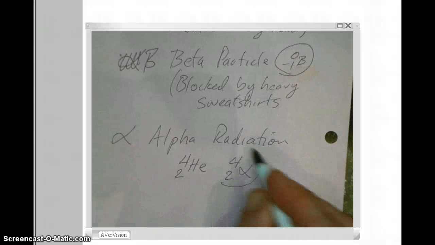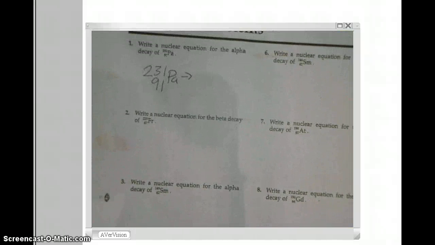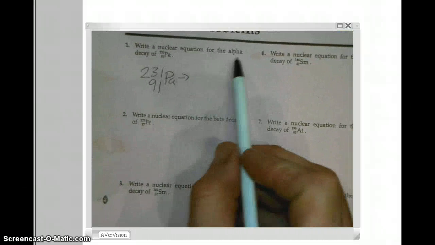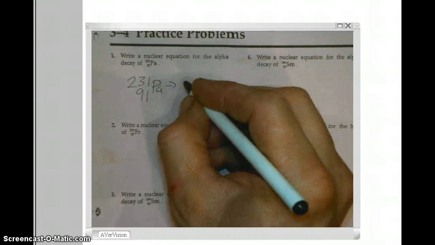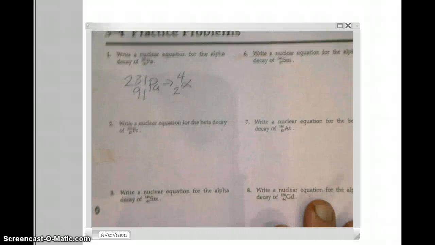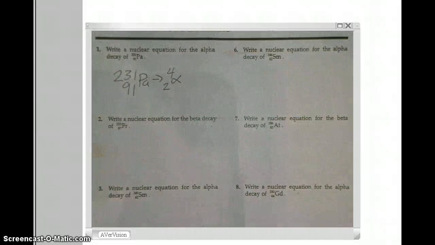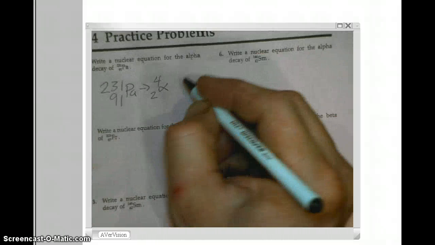So if you flip to the front, it says write a nuclear equation for the alpha decay of this. So when you go through an alpha decay, I want you to put 4 over 2, just like this. Now, what is 231 minus 4?